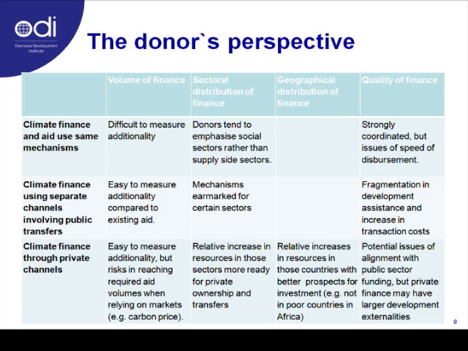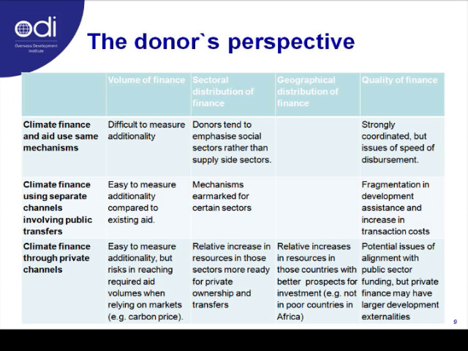In terms of the donor's perspective, it's probably important not only the volume of finance. The volume of finance is important for developing countries, but also the channel for finance. Our subjective interpretation, which we can discuss later during the open floor discussion, is that if there are the same mechanisms for development and climate finance, probably there is a difficulty in measuring additionality.